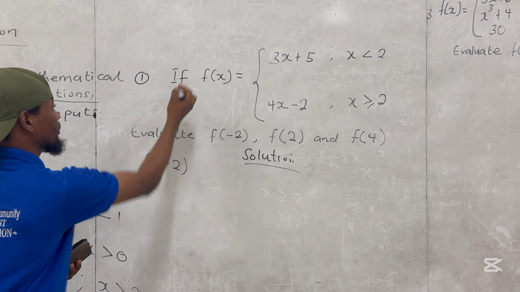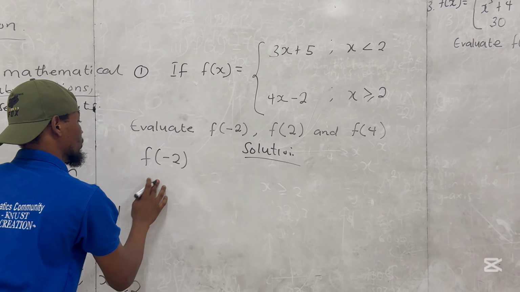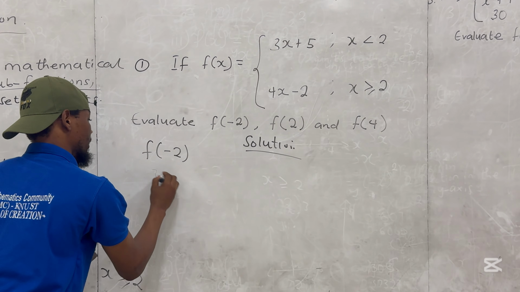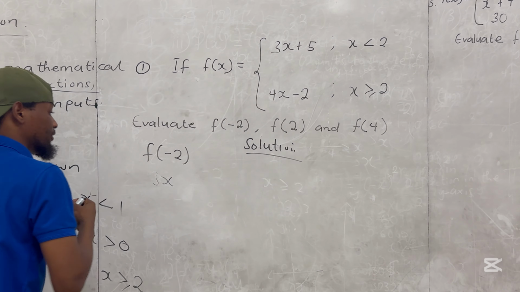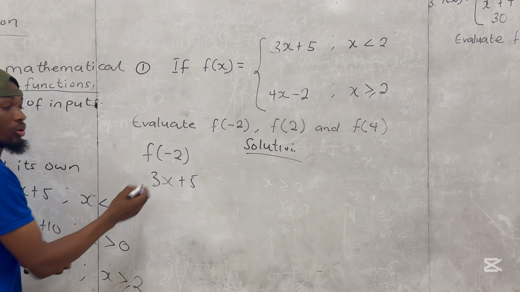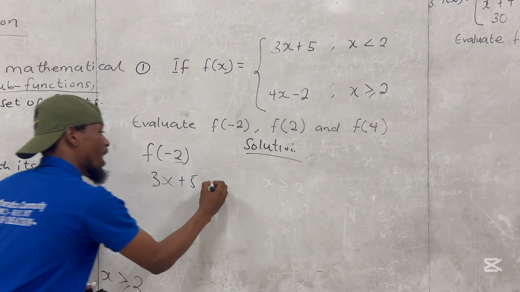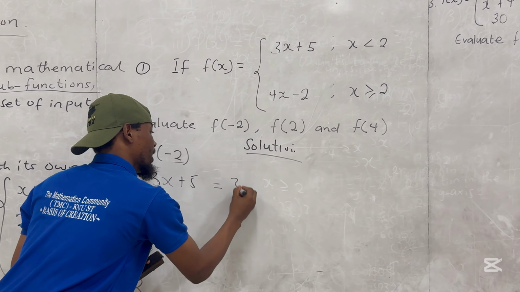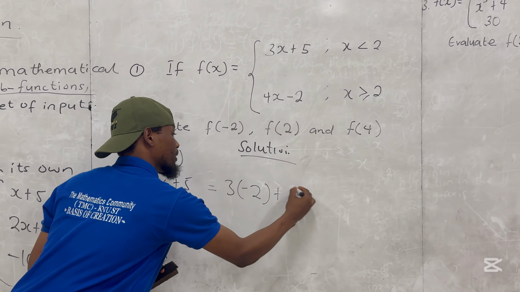So we have 3x plus 5. So here you put negative 2 into this. So I have 3 multiplying negative 2 plus 5.